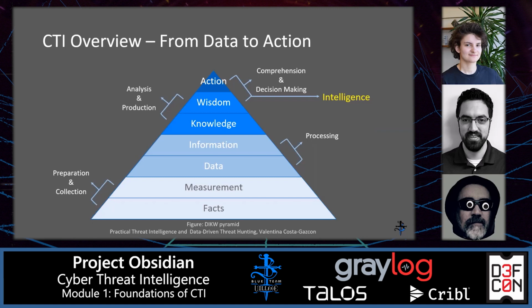Really like this diagram here because it points out the different phases of the CTI lifecycle that these components take place in, right? So analysis and production, that leads us to the knowledge, wisdom, or intelligence, which can then lead to action, right? So love this slide or this diagram. And thank you, Valentina, for your book and using that resource.